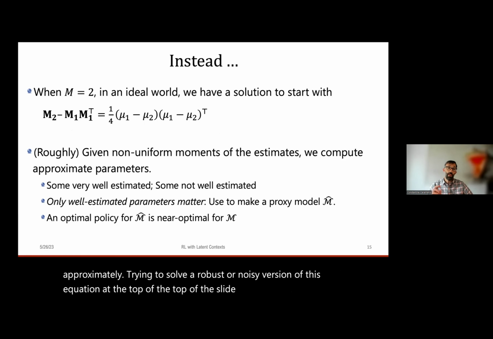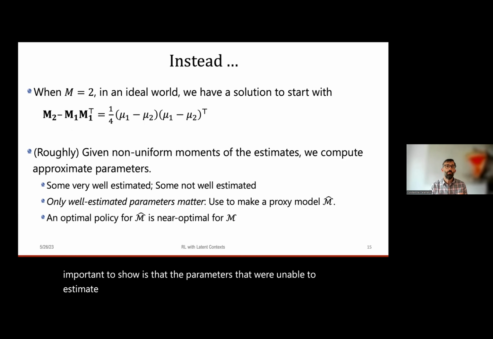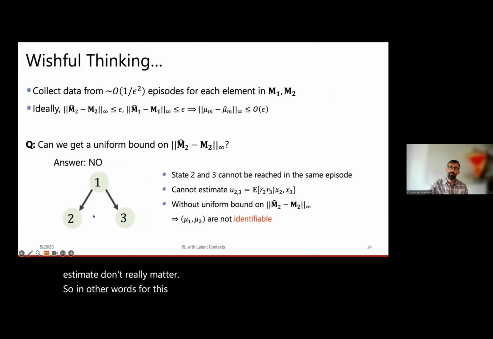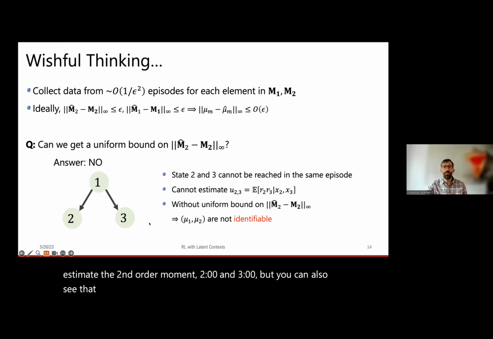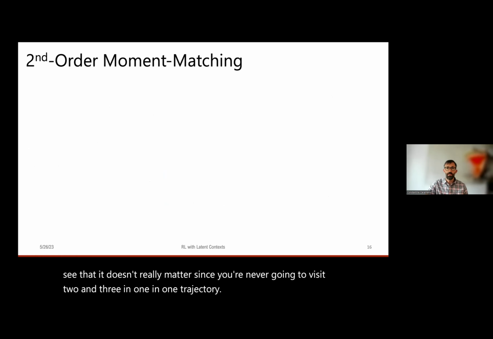And there, what's important to show is that the parameters that we're unable to estimate don't really matter. So in other words, for this example that I gave, we're not able to estimate the second order moment for states 2 and 3, but you can also see that it doesn't really matter since you're never going to visit 2 and 3 in one trajectory.